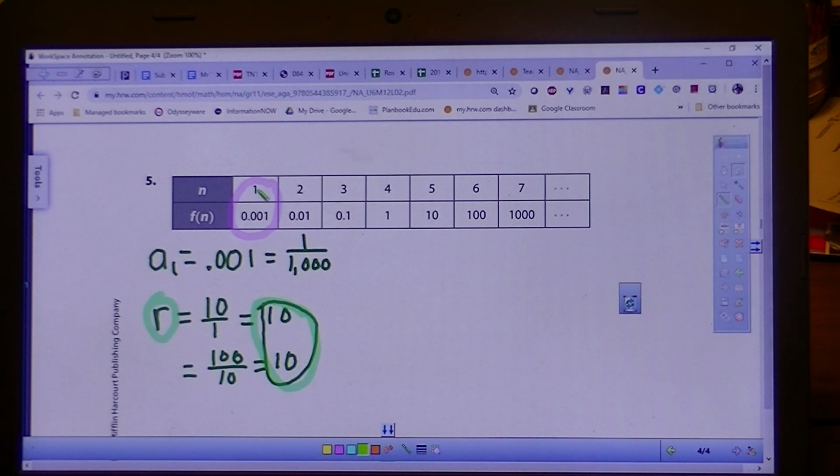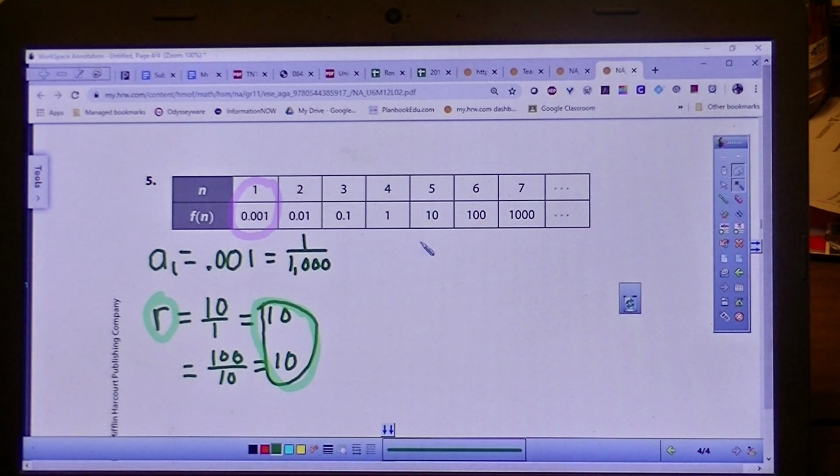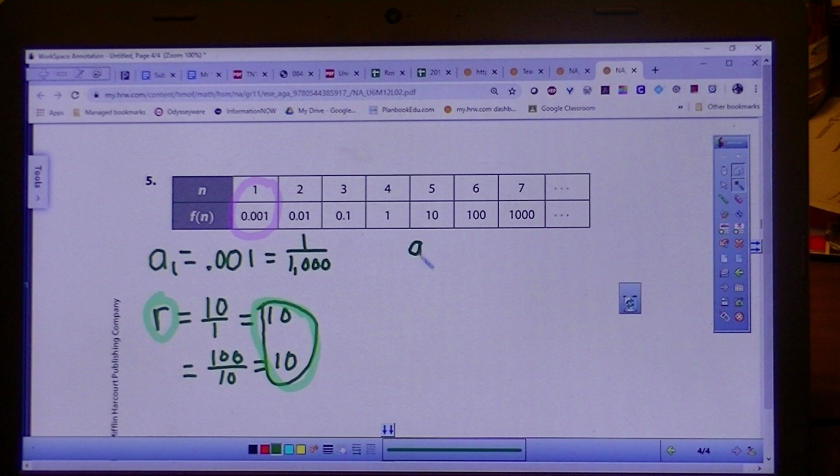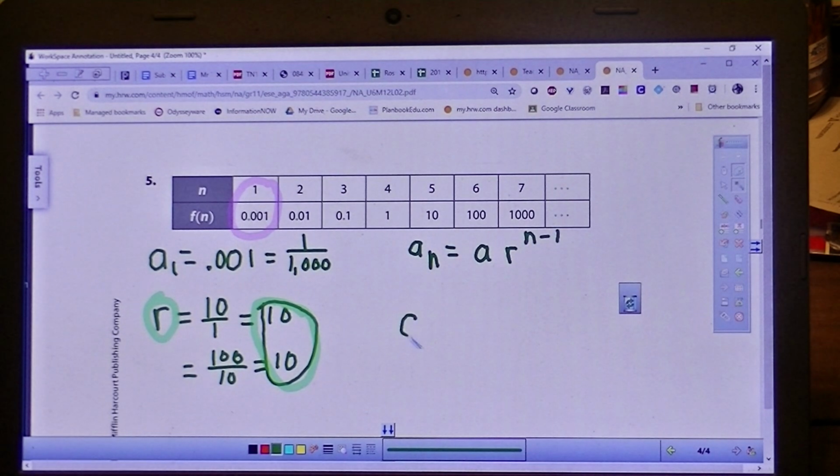So we got a beginning point and we got a ratio, and we know that it starts at 1. So I'm going to write my explicit formula. A sub n equals A times R to the n minus 1.